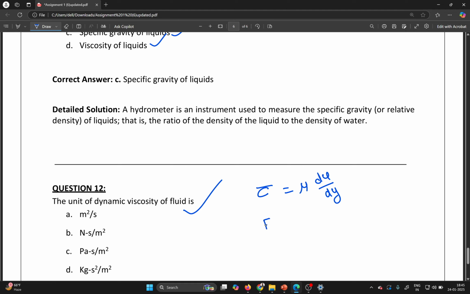This is the stress, so force by area, and you want to calculate the unit of your dynamic viscosity, and this is your velocity and this is your depth. So what is force? Mass into acceleration divided by A. Here M is for mass, so it is kg, and acceleration is meter per second square.